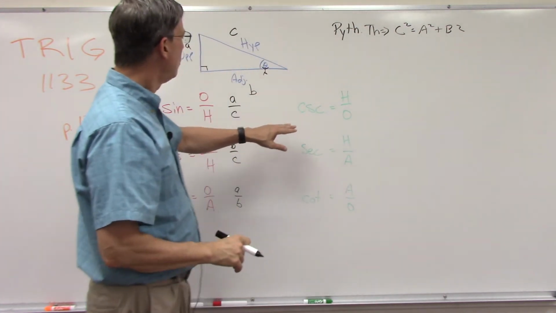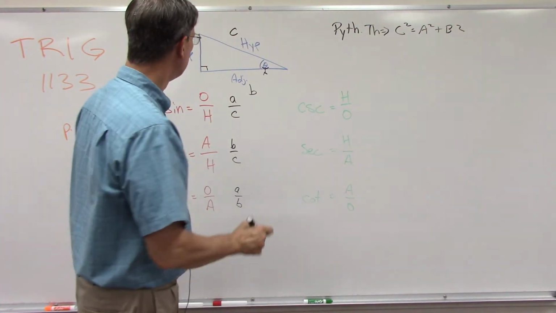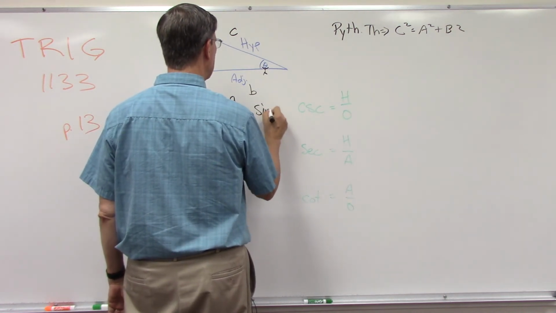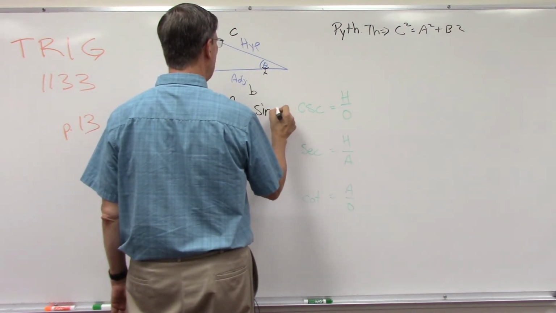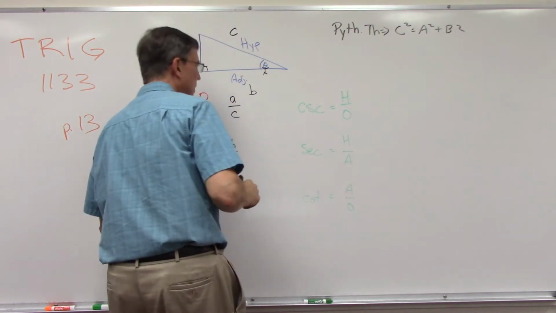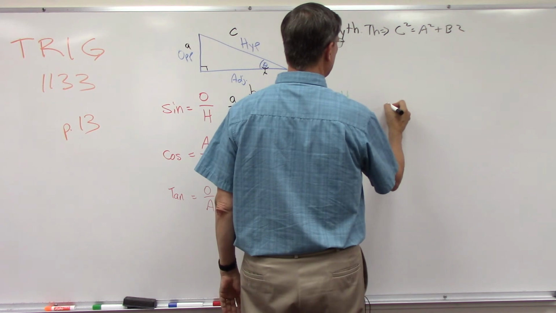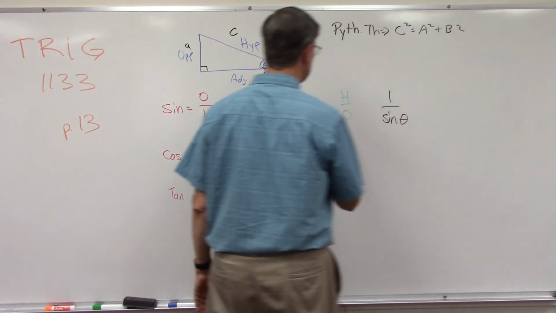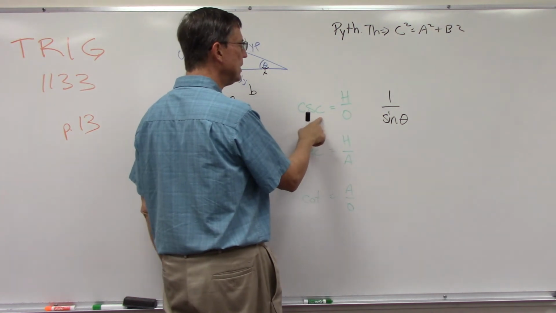But I want you to also notice that 1 over the sine of theta is the same as the cosecant.